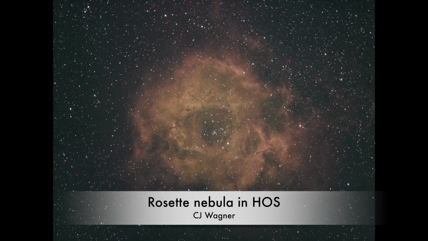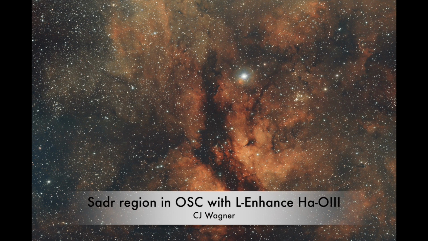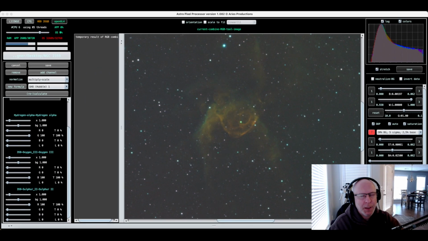So you have SHO, HOO, OHS. There's any multitude of ways that you can assign colors to gas. And basically, with narrowband, you can be extremely inventive, because there is no right or wrong when it comes to narrowband imaging and assigning colors. It is whatever you want it to be. Whatever makes you happy, you can make it.